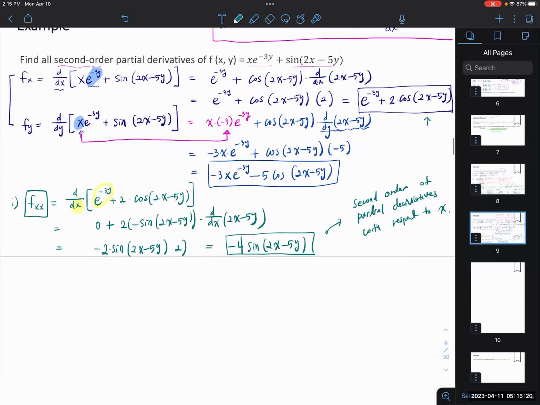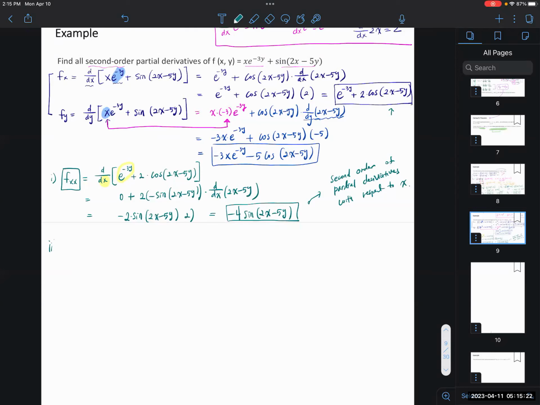The yy. So the second one, yy, so d/dy. Where's my fy? Right there. Negative 3x e to the negative 3y minus 5 cosine 2x minus 5y. There we go. All right, we're going to do step by step.